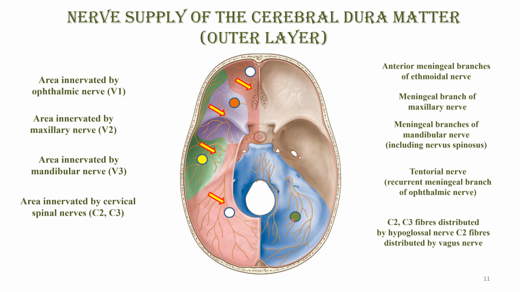And lastly, you can see the tentorium cerebelli here. Its upper surface is supplied by those of the ophthalmic nerve, but the deep cranial fossa, the posterior one, all of it is supplied by the cervical second and third with the hypoglossal nerve. That is the nerve supply of the outer layer of the dura.